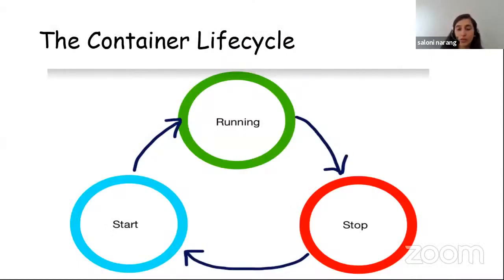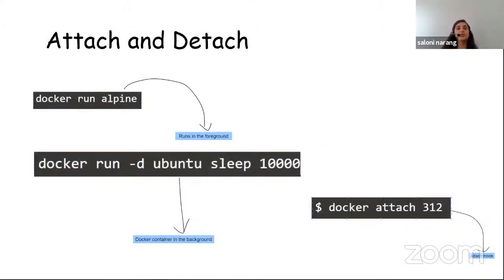I hope now you are clear about the container lifecycle and how it is working. Now, coming to attached and detached. If I run an Alpine image or something, it runs the commands in the foreground.